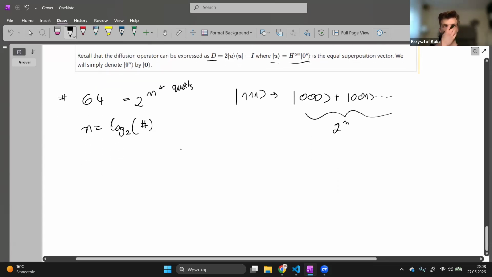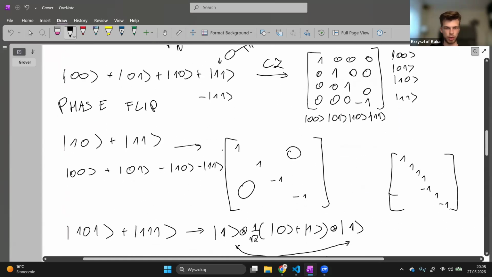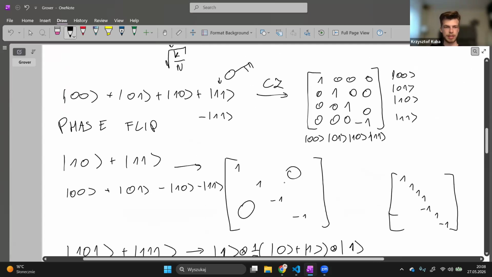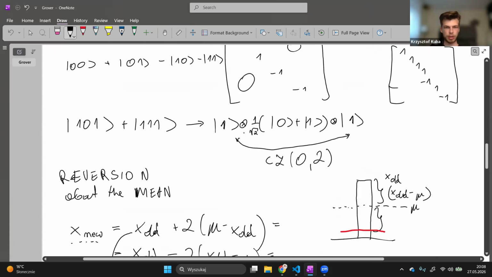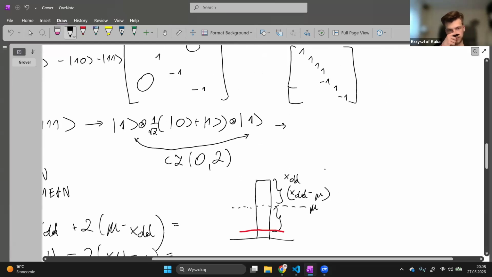One more question is about how to construct an oracle. Here I showed you that you can think of constructing an oracle with those matrices and -1 on a given axis, and also how you can decompose this into the matrix you want by using a single control Z gate.